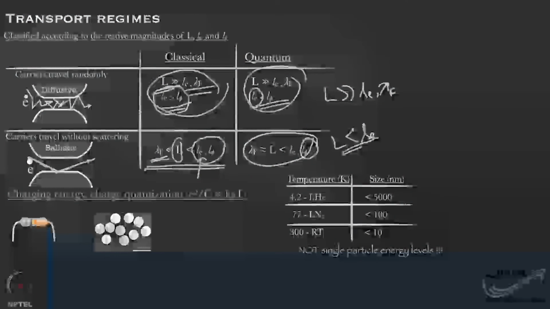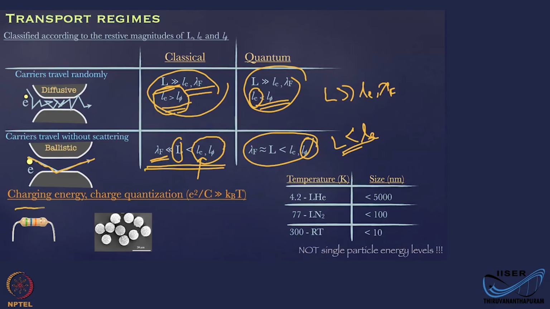As I told in the previous slide, it's not really a quantum phenomenon, but you can observe it because of the quantization of charge, because electronic charge is discrete, or electrons are discrete. Electrons carry quanta of charge. Again, if you take a large macroscopic object such as a resistor, that has a capacitance, say, in nanofarads.